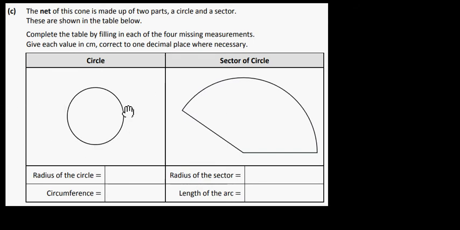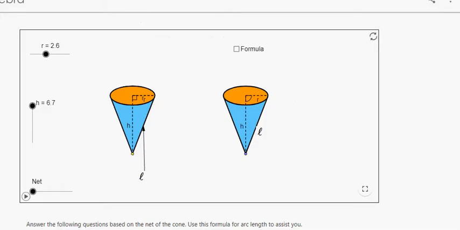Okay, so our circle here at the bottom, we want to know what the radius of this circle is. Well, if you look at your cone, I actually have one here. This is a cone. If I just show you how the net works here, if I take this and move it over, you can see at the very bottom, well, they've flipped it upside down here, but you can see where the circle comes from.